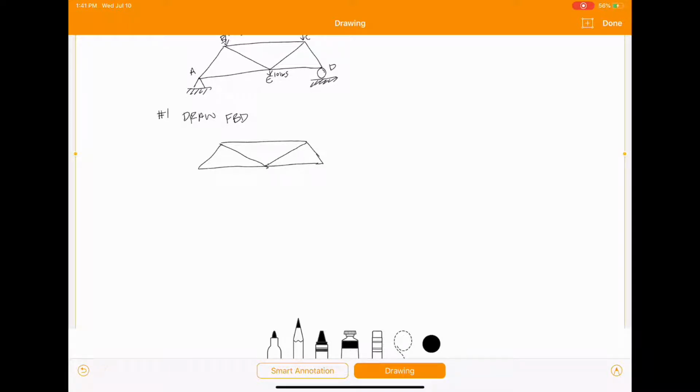So we have a pin at A, so we're going to have a reaction in the Y and a reaction in the X. And at D, we have a roller, so we just have a reaction perpendicular to the surface. In this case, the surface acts in the X, so we're going to have a reaction in the Y.